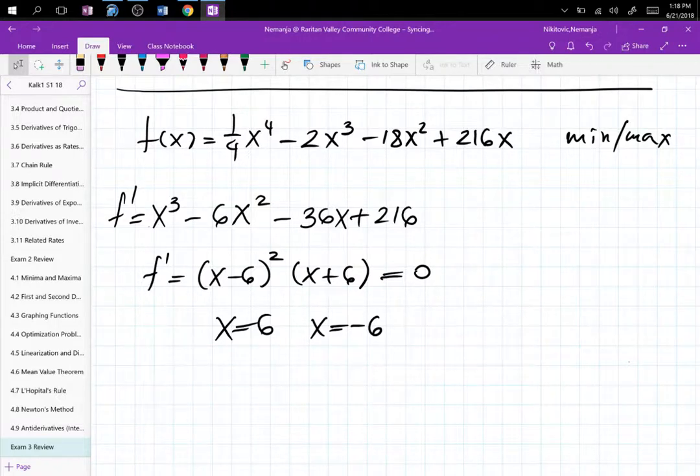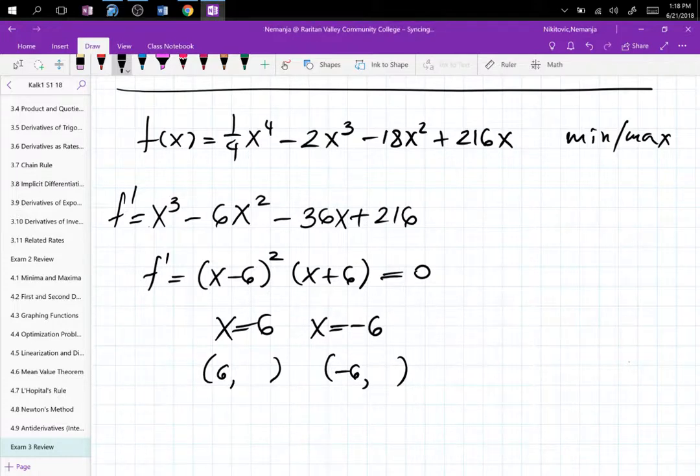Now, there are going to be y values for this when you take these numbers and plug them into the original problem, which I'm not doing. But there are going to be (6, something) and (-6, something), and these two are min or max values, right? So now they are suggesting to use the second derivative to see what's what.